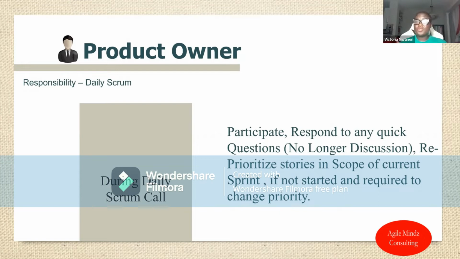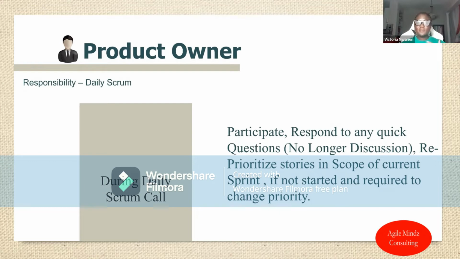However, they're there to engage and participate. How do they participate? Not by causing disruption or interrupting the team, because the daily stand-up is essentially for the development team to have a conversation among themselves and see if there are any blockers or anything that they need to resolve. Not solutioning during the daily stand-up, but a high-level discussion, and then taking it to a different call.